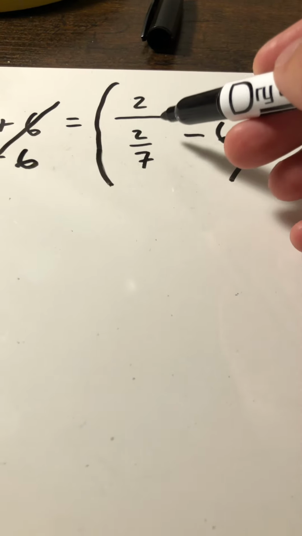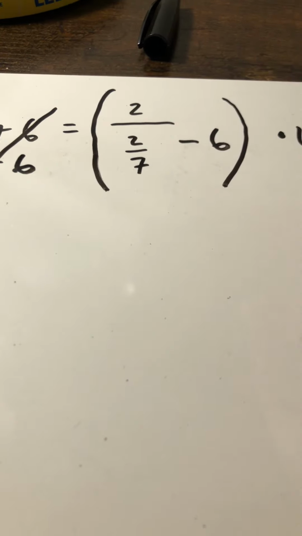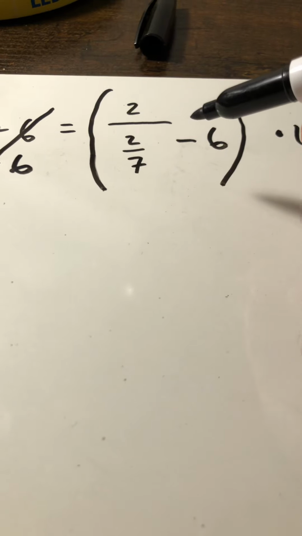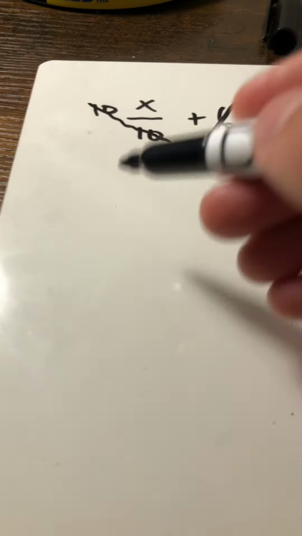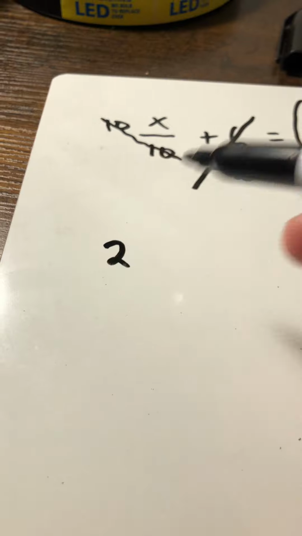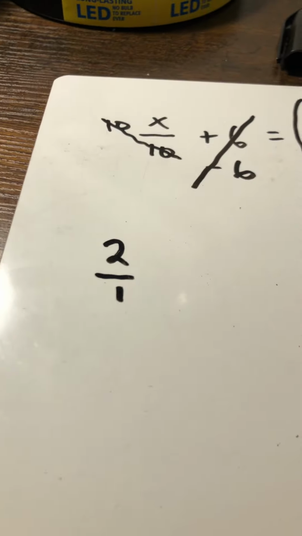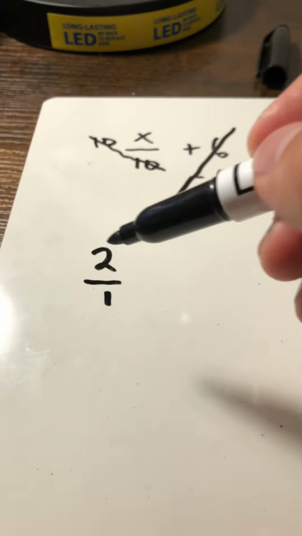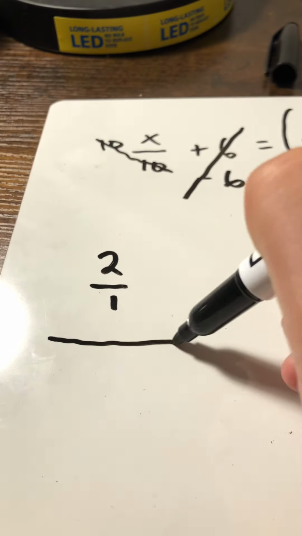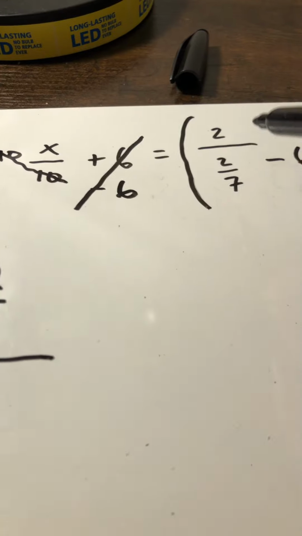This fraction is kind of tricky, but one thing we can do is rewrite it like this. 2 is the same thing as 2 divided by 1, because anything divided by 1 is just the same thing. Divided by 2 over 7.